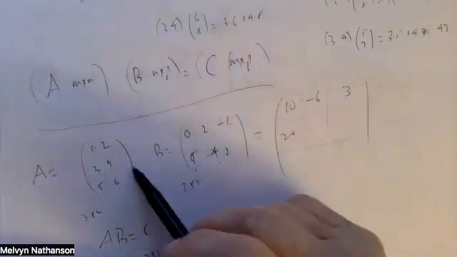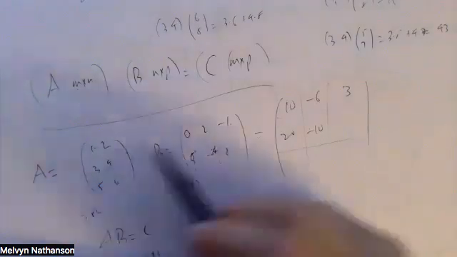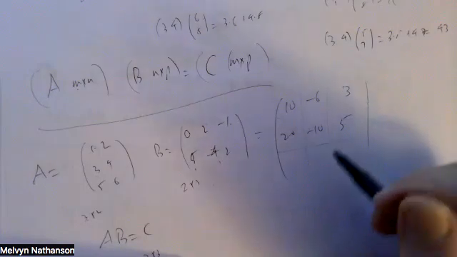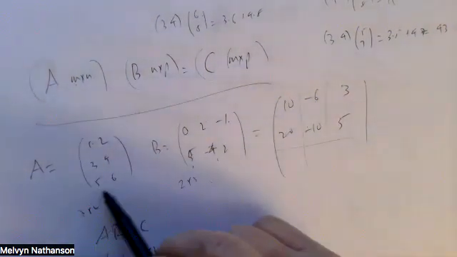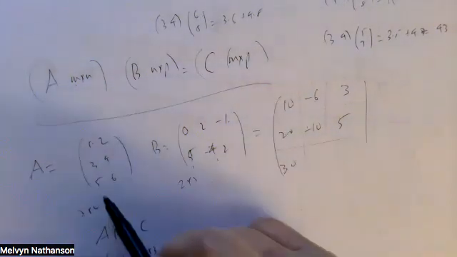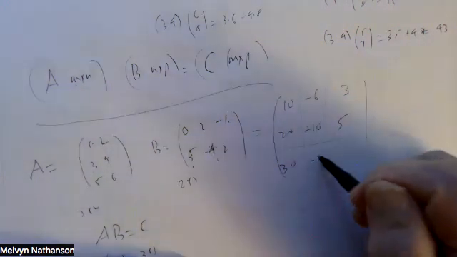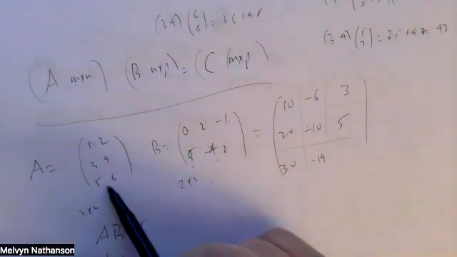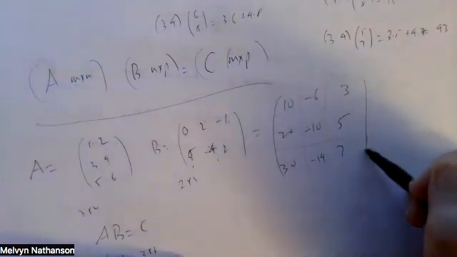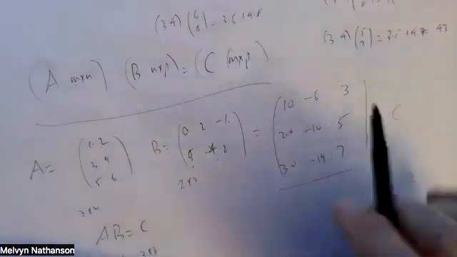Second row, second column, 6 minus 16. Second row, third column, minus 3 plus 8 is 5. Third row, first column is 30. Third row, second column, 10 minus 24 is minus 14. Third row, third column is minus 5 plus 12 is 7. So A times B, this is the product matrix C.